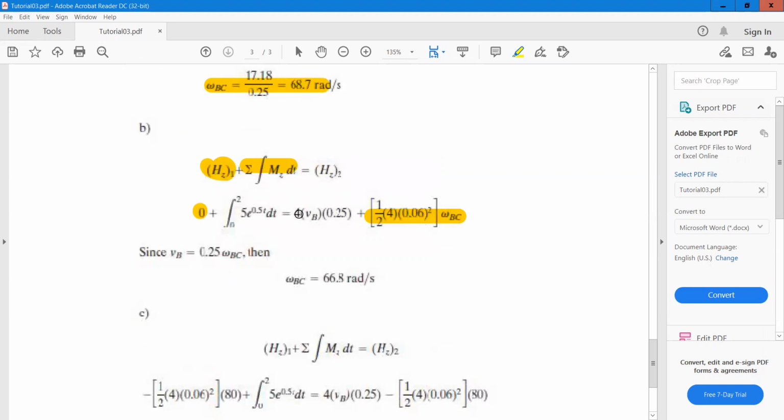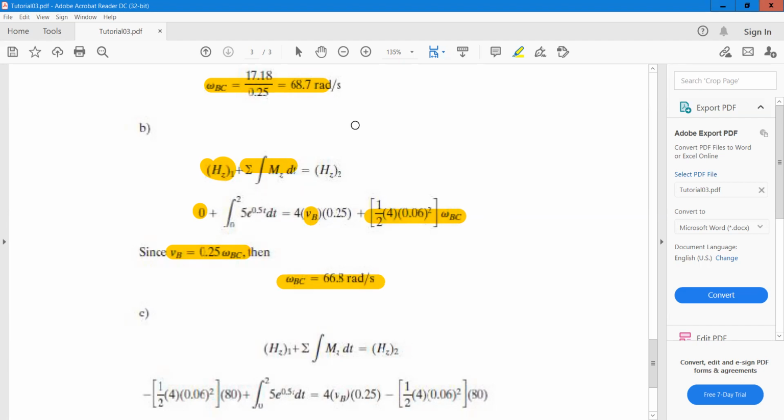Again, we know that VB is equal to 0.25 times omega. So we can substitute here, instead of VB, 0.25 omega BC. And if we solve this equation, again, we can obtain omega BC, this time equal to 66.8 radian per second.